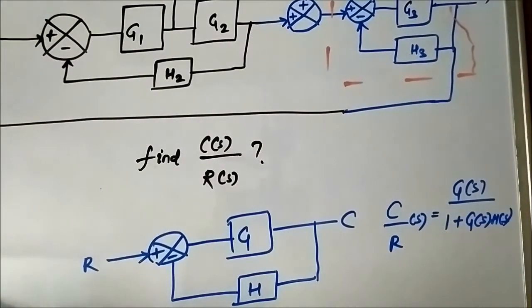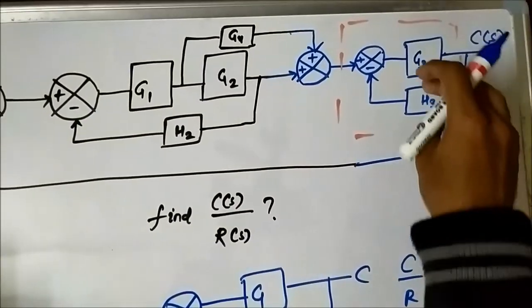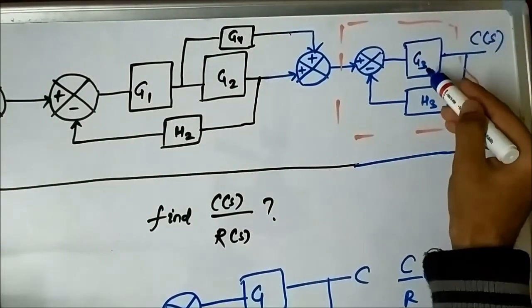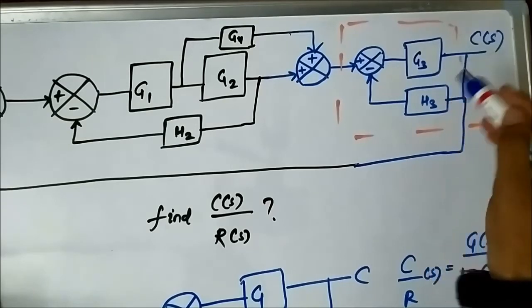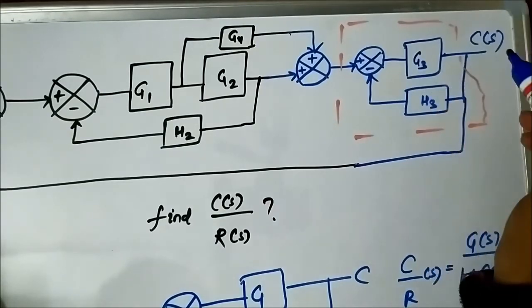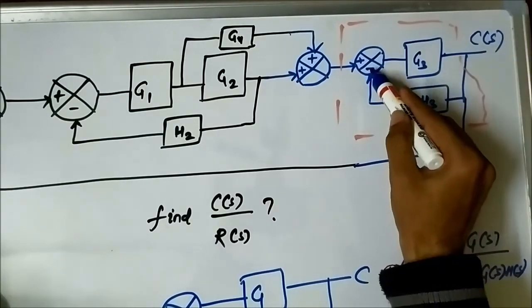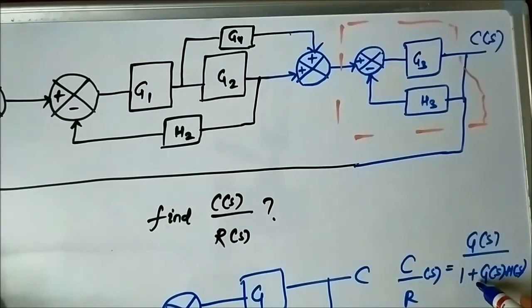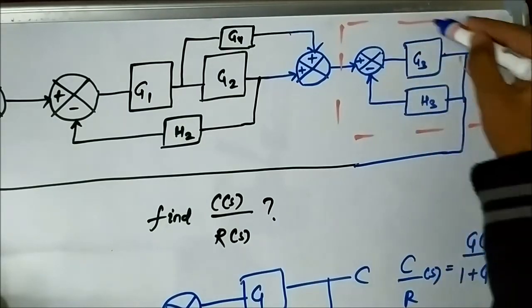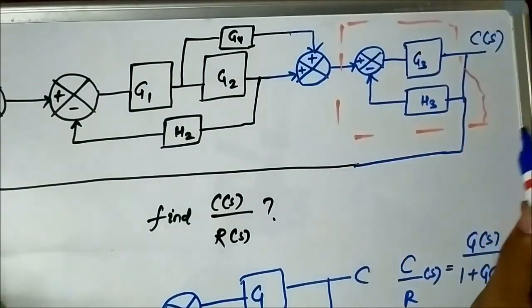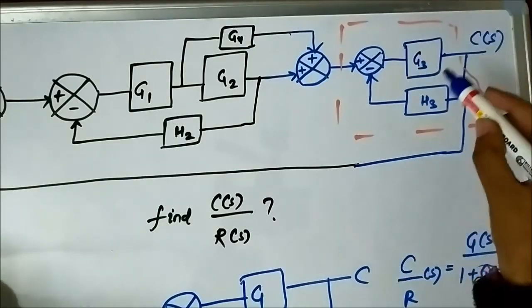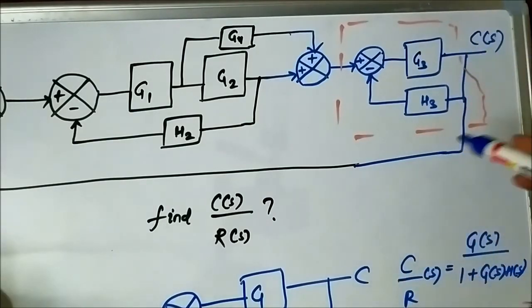So here also it will be G3 by 1 plus G3H3. Here it is negative feedback, that's why the plus sign here. So this entire combination will be converted into a single block with value G3 by 1 plus G3H3.